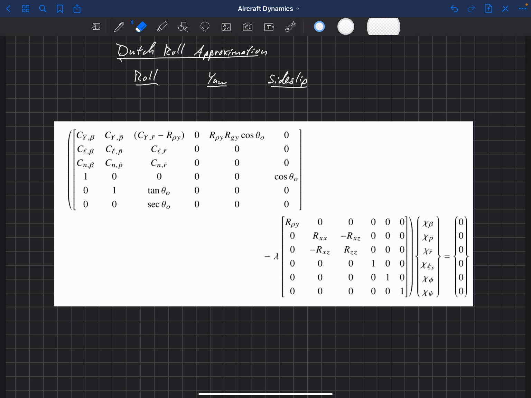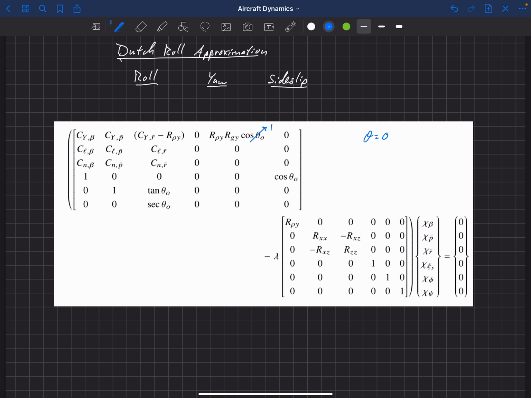But a couple of the approximations I just want to point out here in his development: he uses theta equals 0, so he looks at steady level flight, right? So he's going to assume that this should be a 1, so cosine of theta is 1. So theta equals 0 is one of his approximations. Sorry, not bank angle equals 0, although I'm fairly certain that's built into this as well.